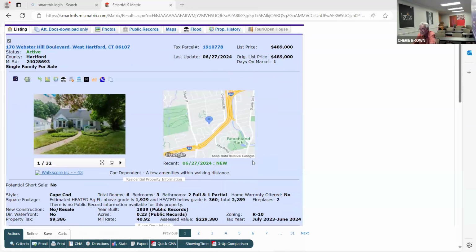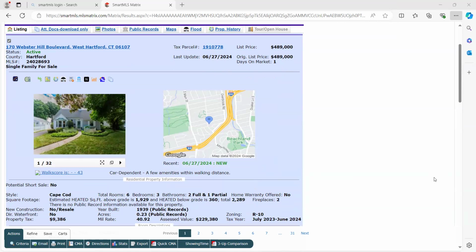Just curious, if you were looking at this property with a $489,000 price on it, would you buy this property or would you buy Walden? It depends on what my requirement is, firstly, right?